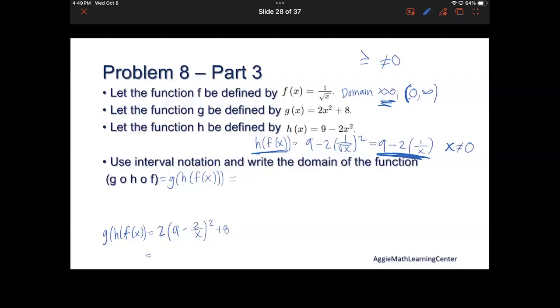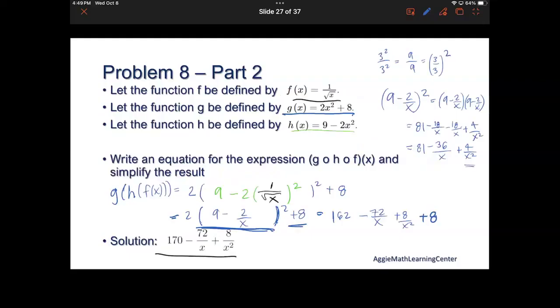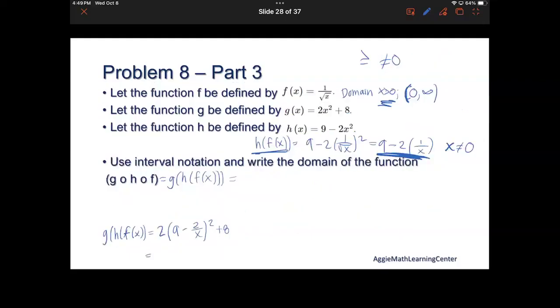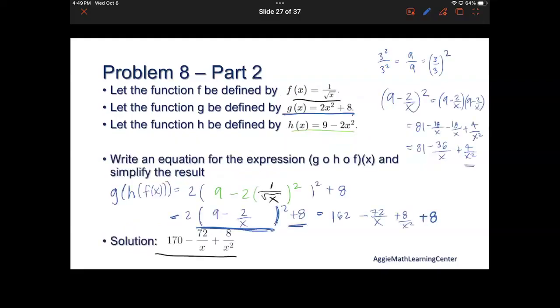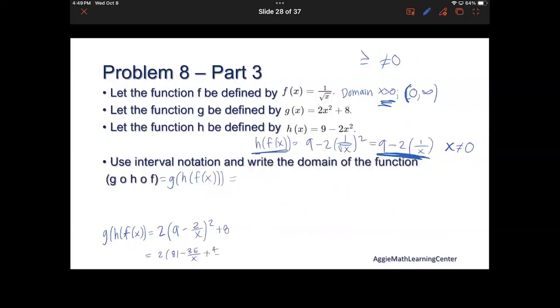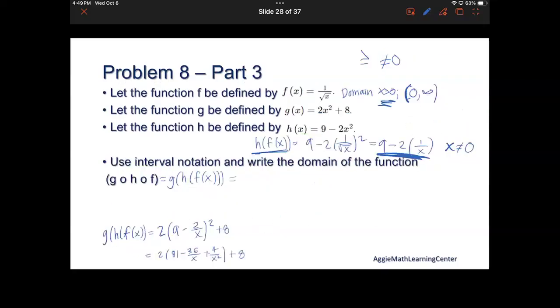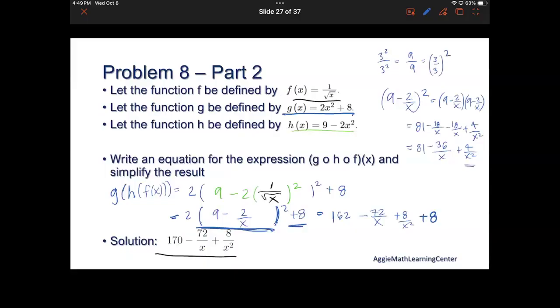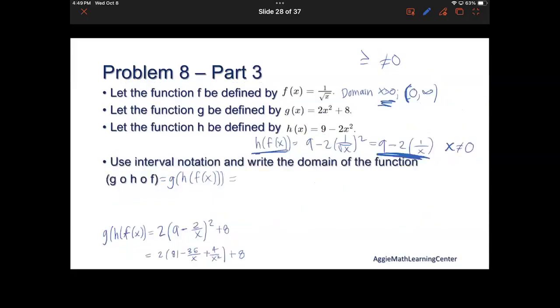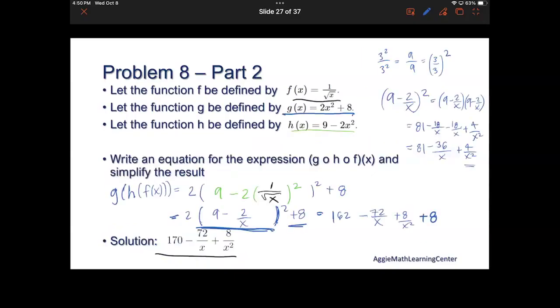I need to square that, and I'm actually going to cheat and come back here. 81 minus 36x plus 4x squared. To square those real fast. And then it still simplifies to the same thing because we have the same signs and all the stuff. Just write it out. I think it's 72, right? Yeah.